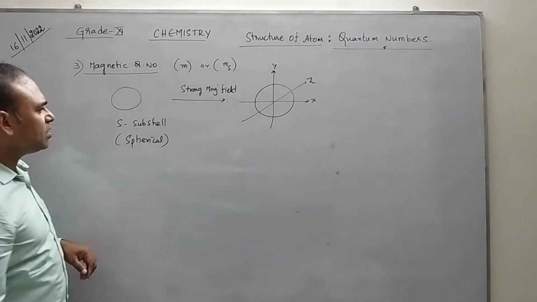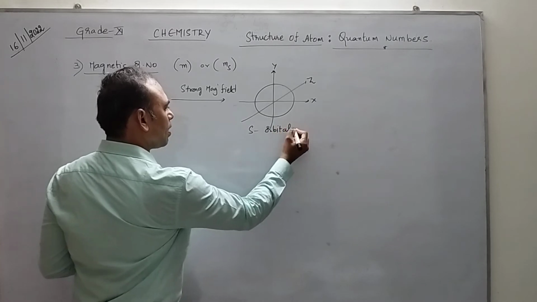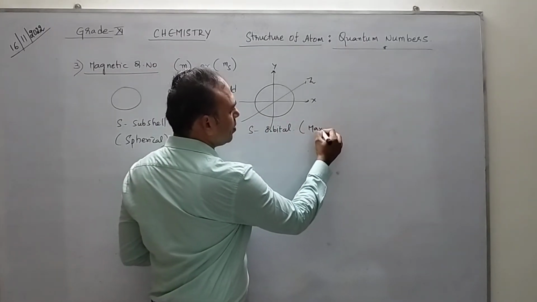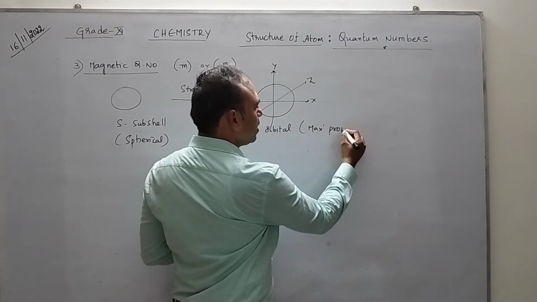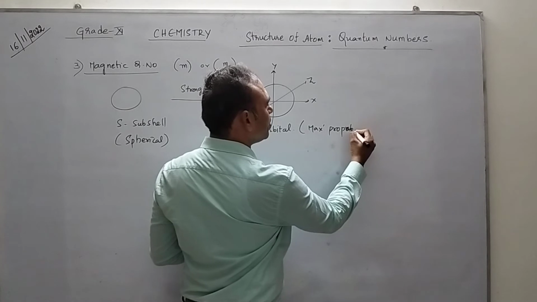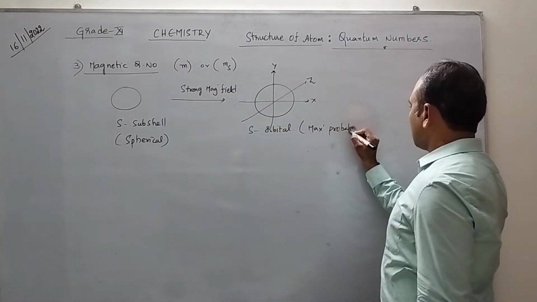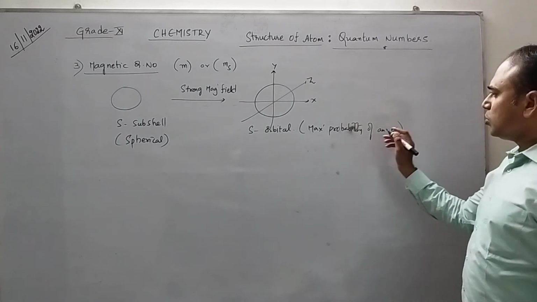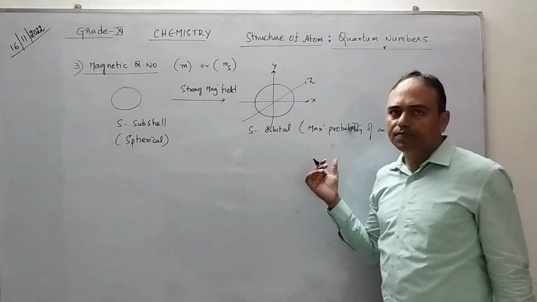Due to this orientation, now you call it as S orbital. And you know the definition of orbital? That is the probability of finding the electron is maximum. So we can write it as the maximum probability of an electron. So it's a three-dimensional structure where you can find the electron.